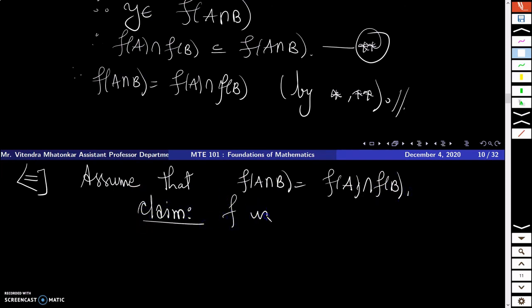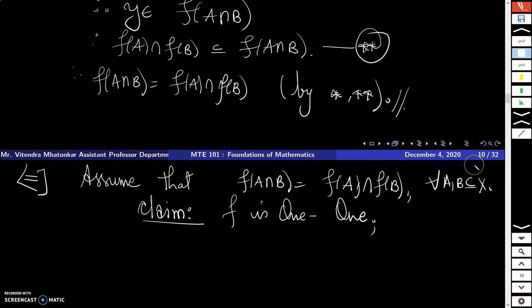Right, we need to show that f is 1 1. Now this works for all subsets A and B of X. Okay, so this trick I'll be using in this part of the proof. This works for every subsets A and B of X. So I will choose some sets A and B, and we will show that f is 1 1.